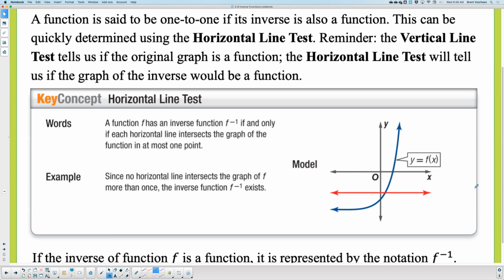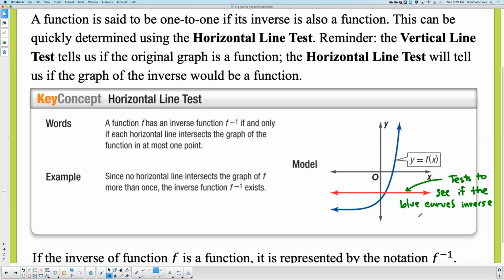And so when I look at this graph, you see how there's a horizontal line test? I mean, a horizontal line? I'm not testing whether the blue is a function. I'm testing whether its inverse is a function. So if you want to make that note here, this red line tests to see if the blue curve's inverse will be a function.